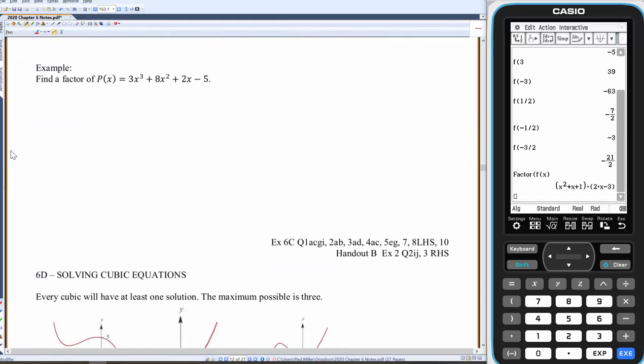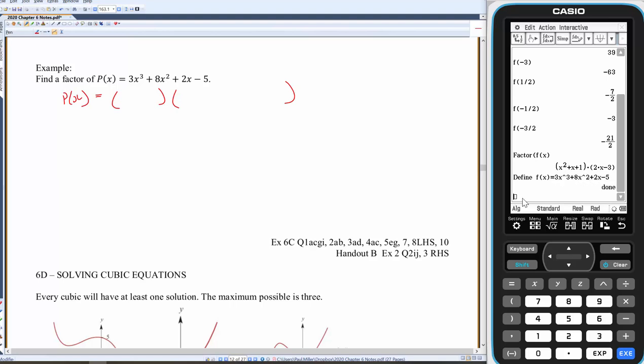All right, so find a factor of this polynomial. Okay, so what we're going to do is, again, a bit of trial and error. Let's define that function. Define f of x equals 3x cubed plus 8x squared plus 2x take 5.